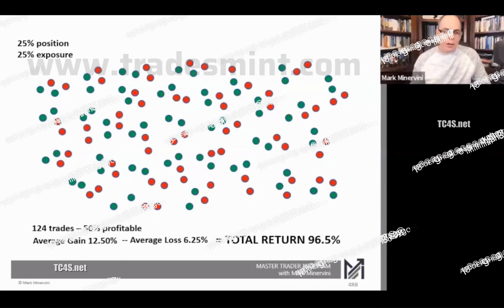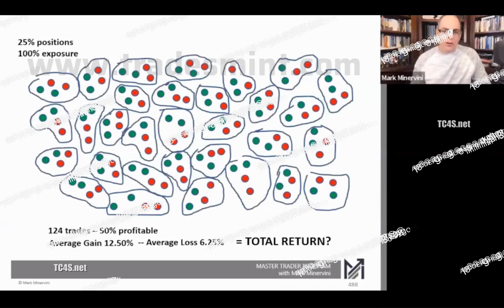So now I'm going to draw some little circles around each set of 4 trades, which will be 2 gains, 2 losses. Now we're going to shift to the same scenario: same profit, same loss, same number of trades, same exact trades.